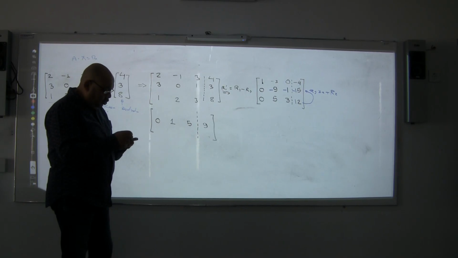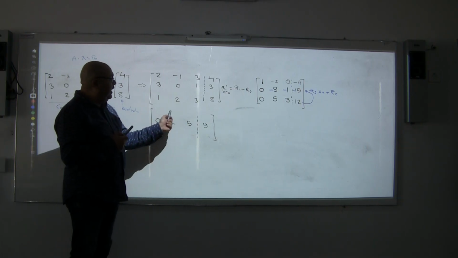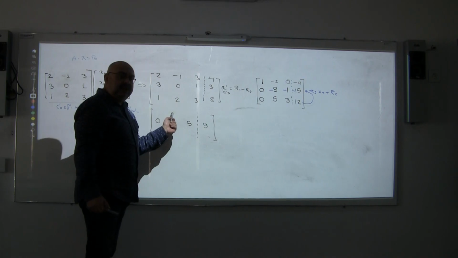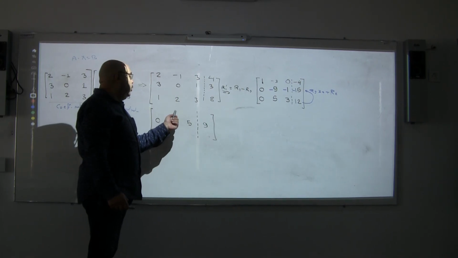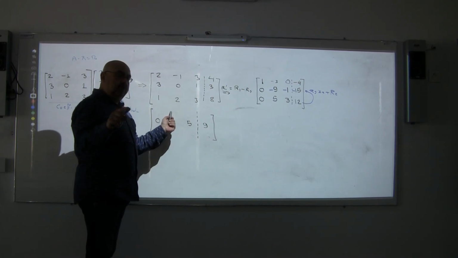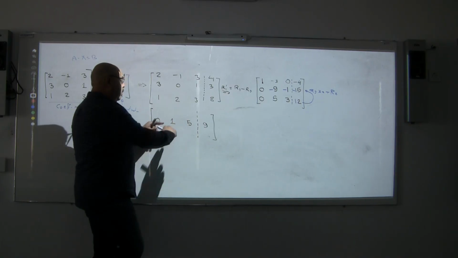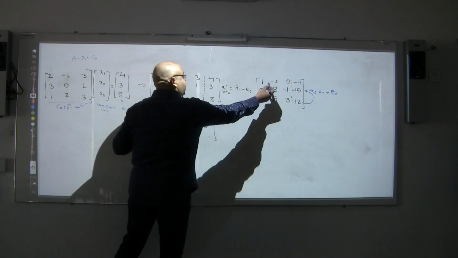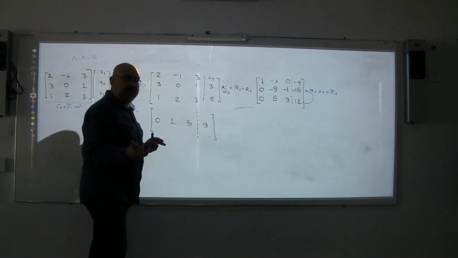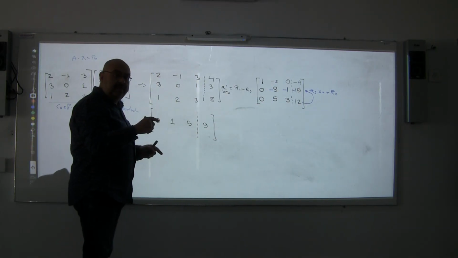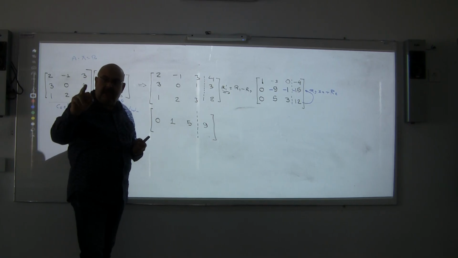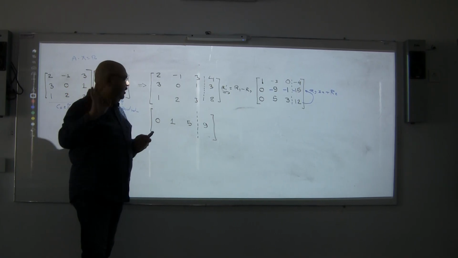Okay, once more, I need to change this value. Instead of having a negative 3, I need it to be 0. How to force this number to be 0 using the row operations? I will multiply this row by the same number but with opposite sign. Then I will add them together. So I will multiply by 3.